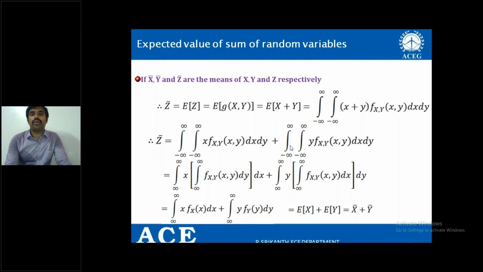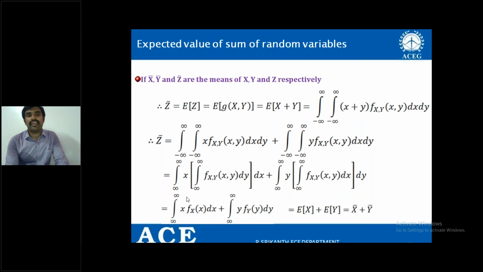Therefore z bar equals, how can I write this? I am separating into two integrations. One is x into f x comma y of x comma y, and the other is y into f x comma y of x comma y, right? Here I'm just rearranging the terms, taking one integral for y and one integral for x. We all know that this particular integration is nothing but the marginal density function, that is f y of y. Similarly here it is the marginal density function f x of x.